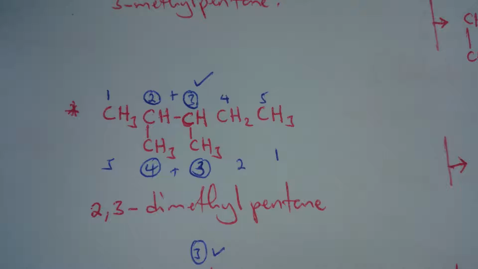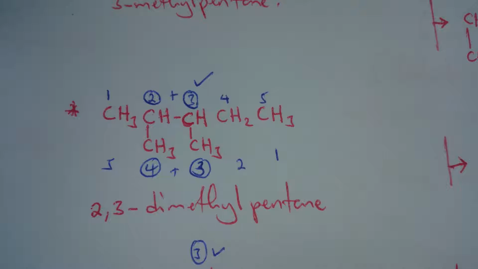Naming them now, since there are 2 of them, we prefix them with di. You don't need to repeat methyl, because they resemble. So you note down the position of the substituent, 2, then a comma, then the position of the other substituent, 3. So it's 2,3. The digits are separated by a comma, and the digits and the word are separated by a hyphen.